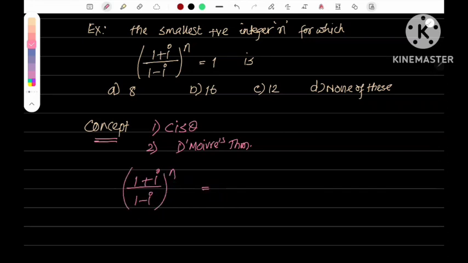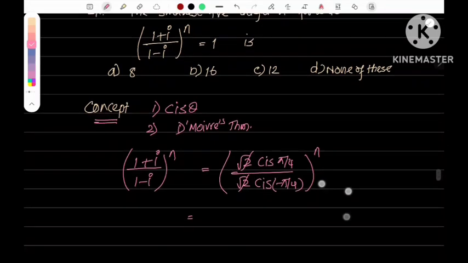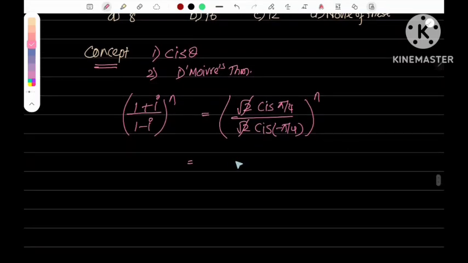I have already told how to convert Cartesian form to polar form. 1 plus i will become root 2 cis pi by 4 divided by root 2 cis minus pi by 4, the whole power n. This will give me (cis pi by 4 divided by cis minus pi by 4) to the power n.